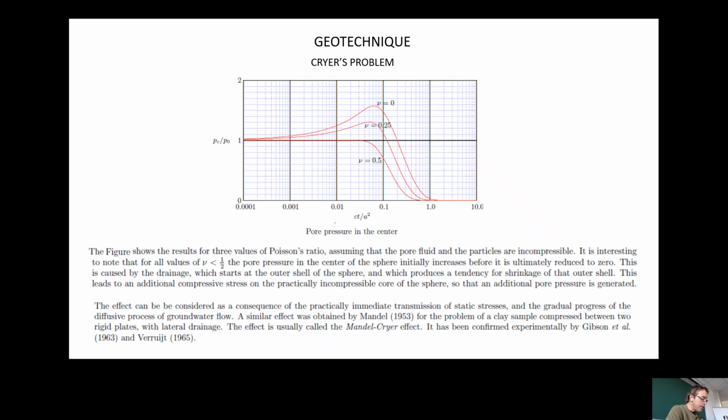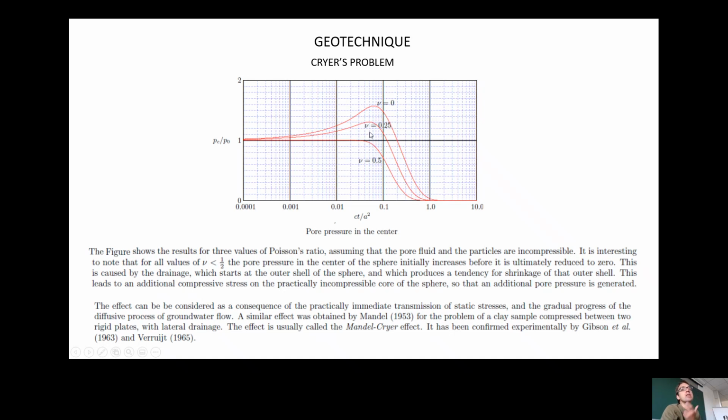It is also important to consider one important thing: definitely, if we have the general condition of a soil with a Poisson ratio between 0.5, 0.4 or something, we are around here.